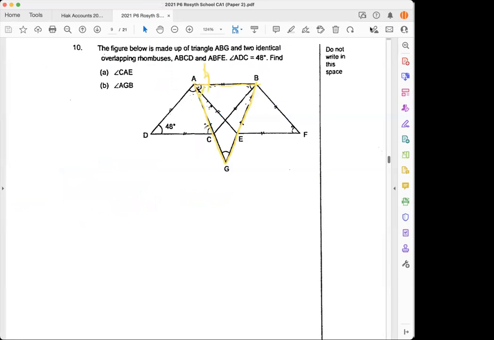This will also be 66. So angle AGB will be 180 minus 66 minus 66, and you get 48 degrees. Let's continue to question 11.